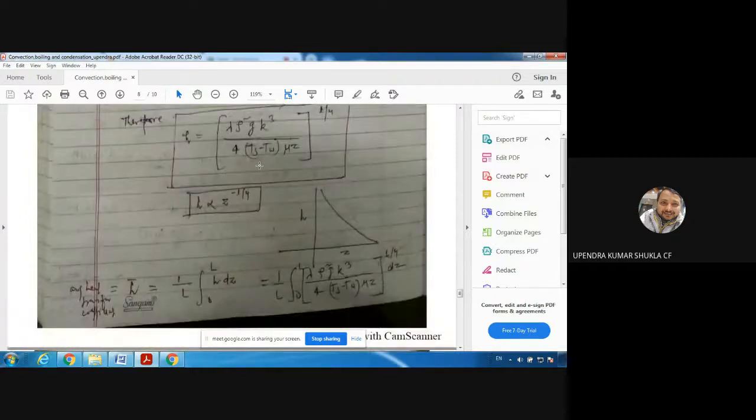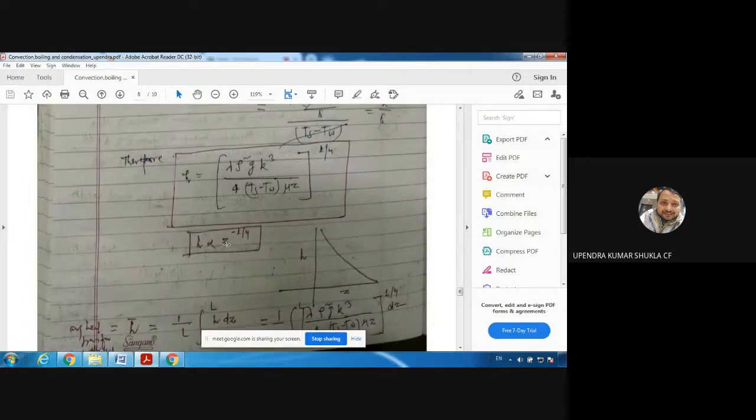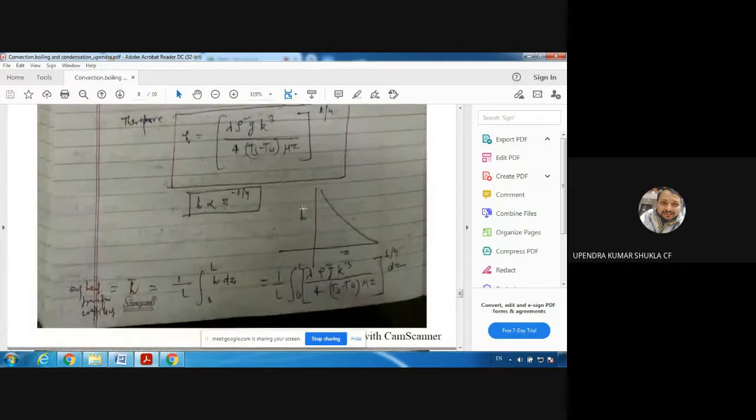Now see from this equation that h is proportional to z to the power minus 1 by 4, other things being constant.